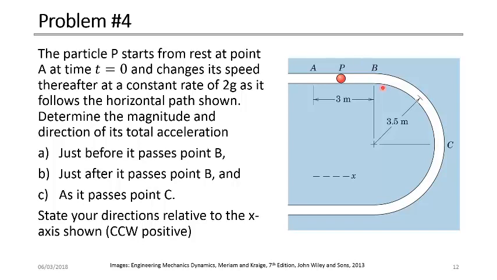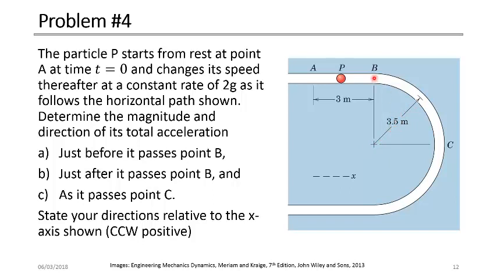So in order to find the total acceleration, we are required to find the tangential acceleration and the normal acceleration. The normal acceleration is directed from the particle towards the center of rotation, and the radius of curvature here is given as 3.5.